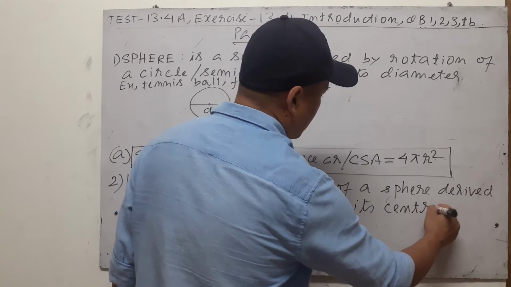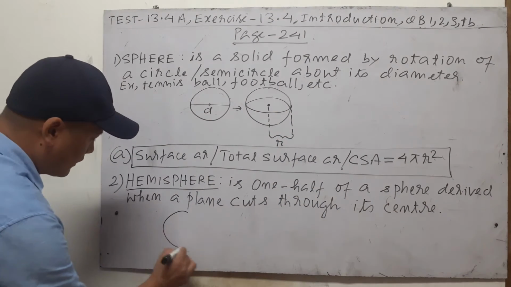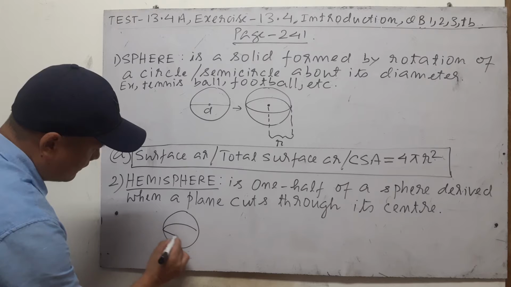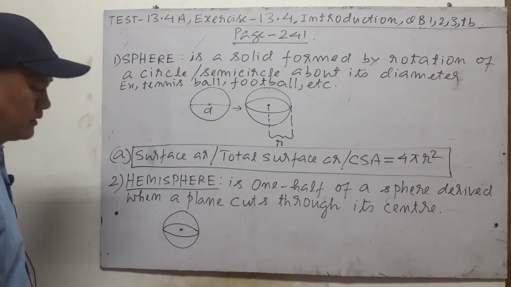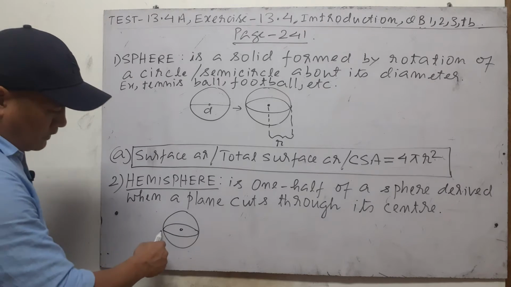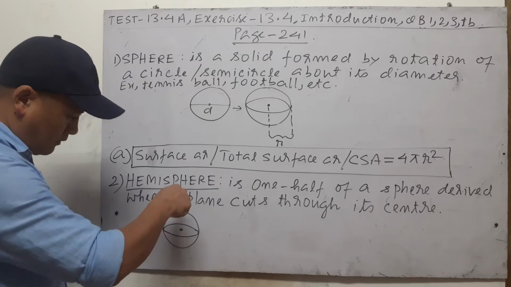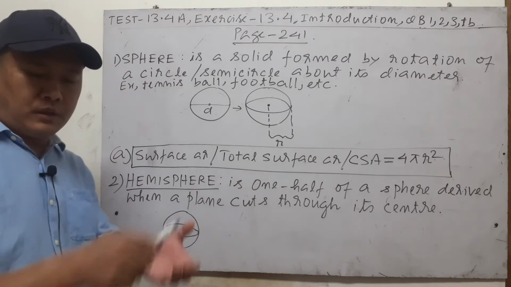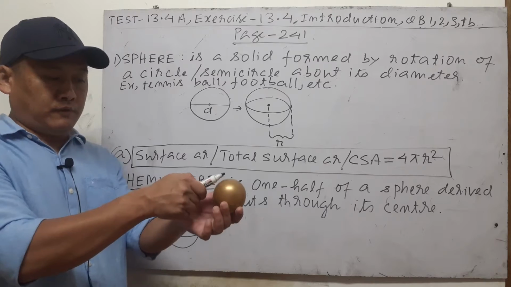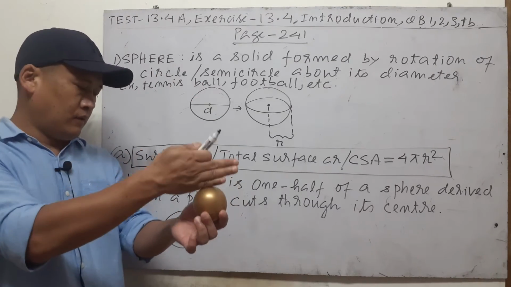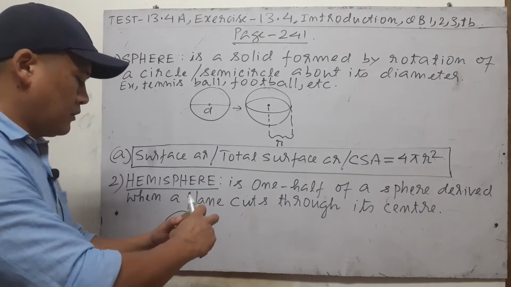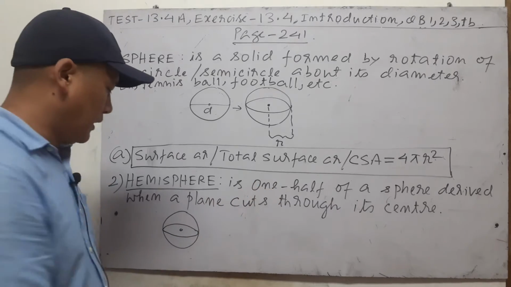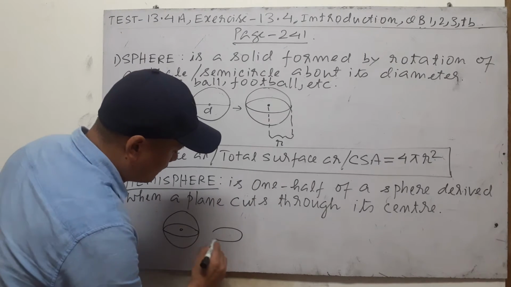A plane means something like a knife, a flat sheet, cutting through like this. You can imagine here a ball, or a sphere like this, having a center. So you cut it through the center with a knife, like cutting an apple. Cut it through the middle of the sphere with a flat knife, meaning a plane. So you'll get two pieces, like two pieces of an apple.